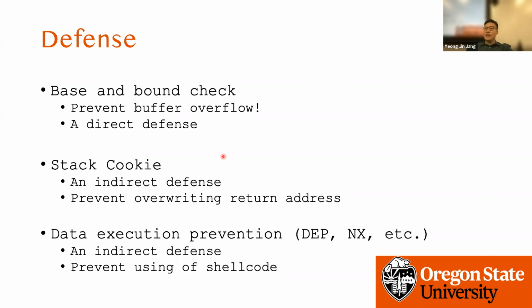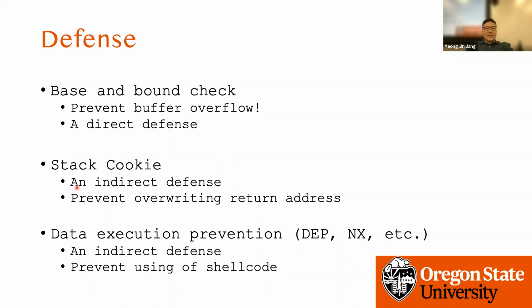If we know that, why not include code to check whether any input-receiving functionality stores more than the buffer size? The protection goes in both directions, overflow and underflow, which is why it is called base and bound check. This is a fundamental defense, and if implemented, we can 100% kill the buffer overflow vulnerability.